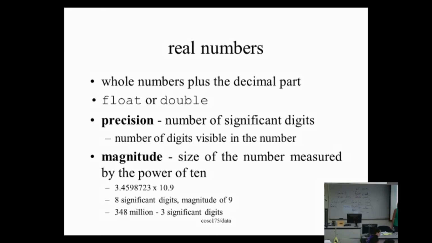So let's ask something else again. Which do you think takes up more storage? The number 1 million or the number 0.236745? The decimal. Why does the smaller decimal number take up more space than 1 million? There's more digits of precision. Okay?